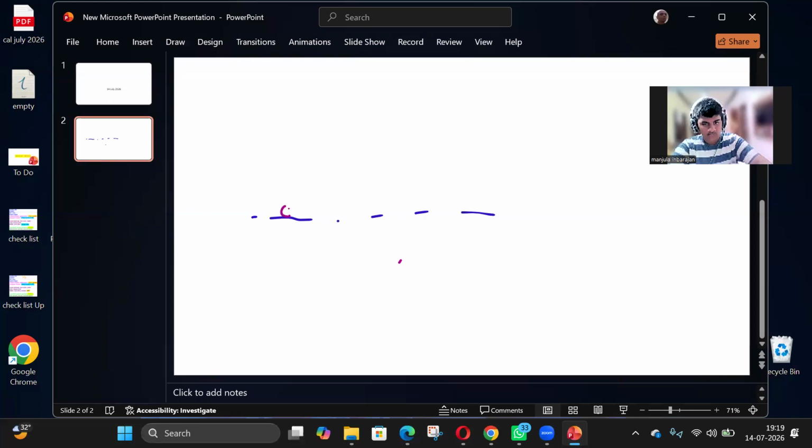Say mass m, I'm throwing at an angle theta with the initial velocity u. So this will go up like this and come down like this. This is projectile motion.